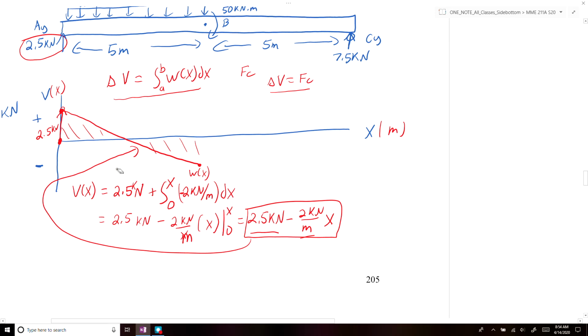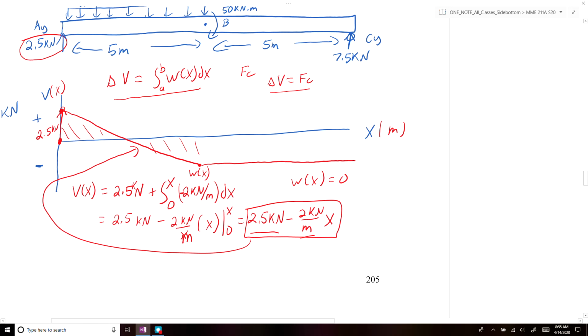Then from point B to point C, we have no applied loads or distributed loads. Since we have no concentrated loads, and W of x from point B to point C is equal to 0, we have no change in our shear diagram, so it'll remain constant.